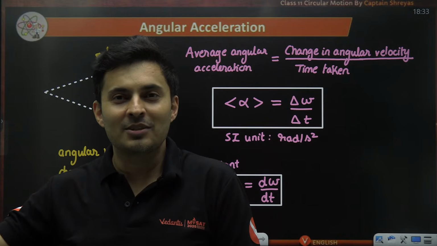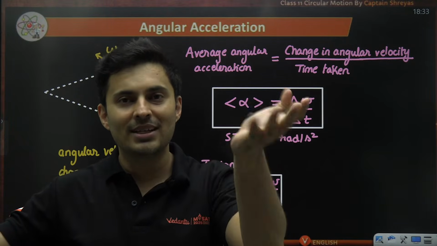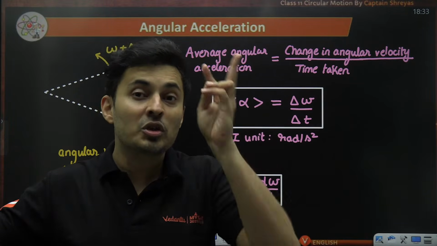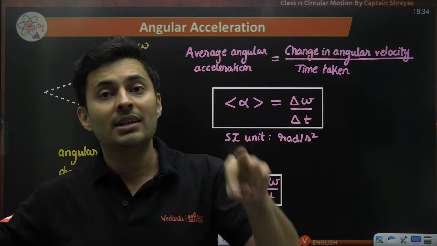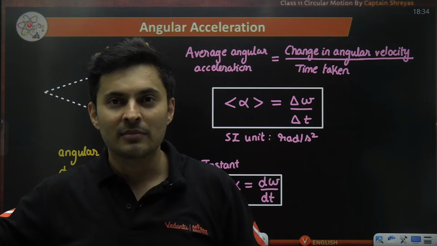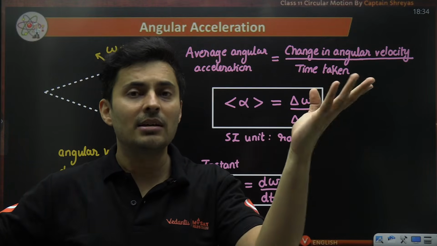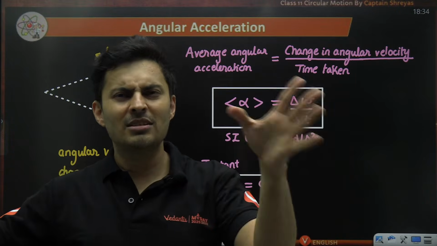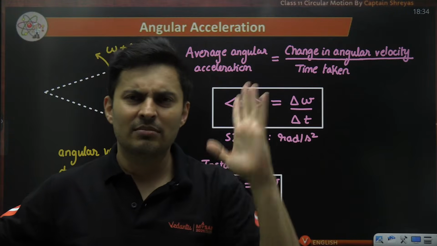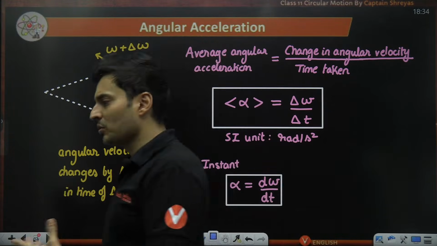Whether it is omega or alpha, dimension-wise it is the same, but unit-wise it is different. Just because two quantities have the same dimension does not mean they represent the same physical quantity. Like torque and work have the same dimensions, but they mean completely different things. One is a vector, one is a scalar. So dimensions being the same just happens. You don't have to take it so seriously.